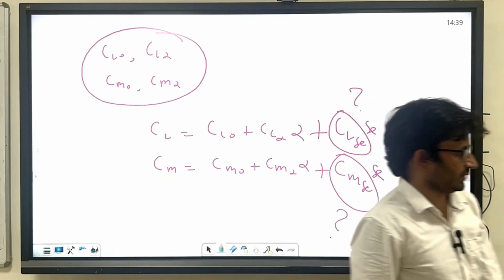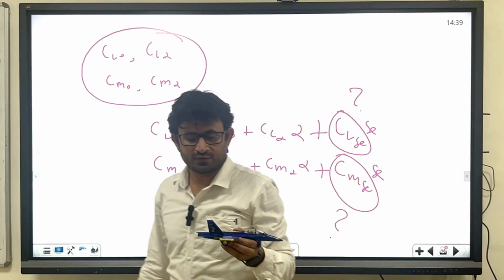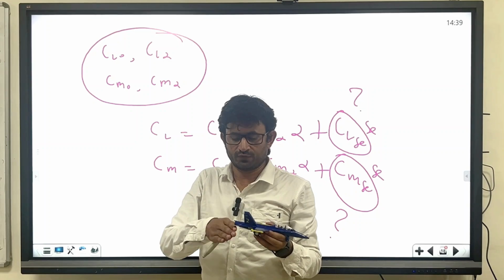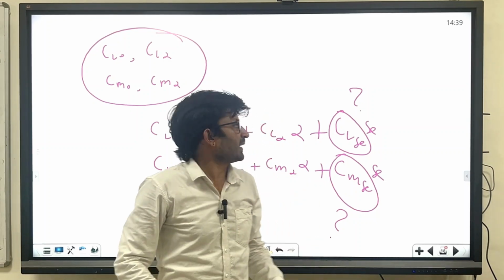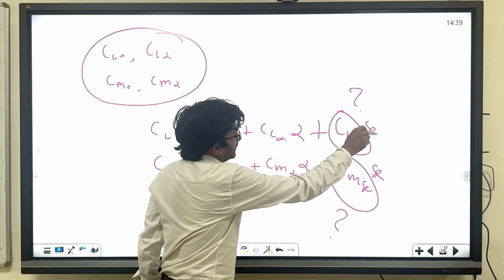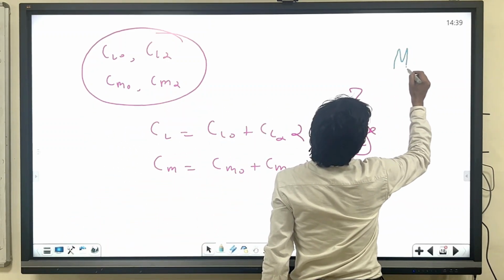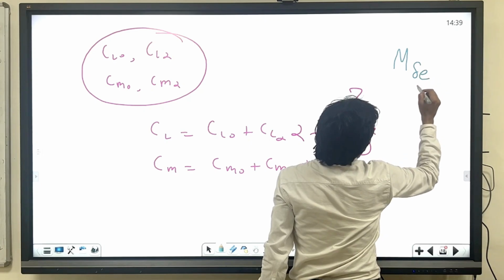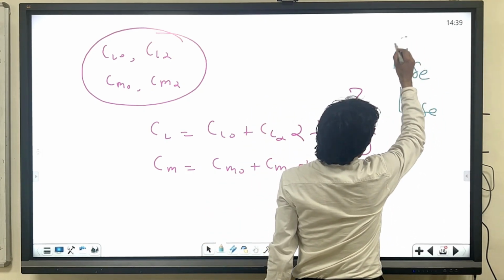You can look into this aircraft. This is an elevator. If you deflect the elevator, the CL will change, right? So this part is nothing but the control part. You can write pitching moment due to elevator and lift force due to elevator.